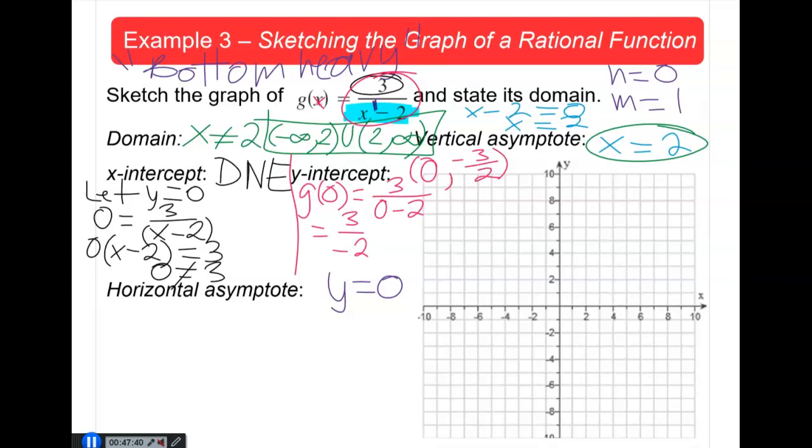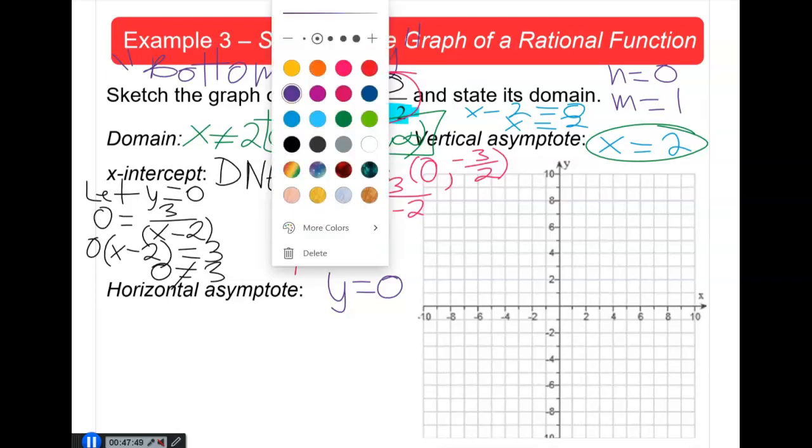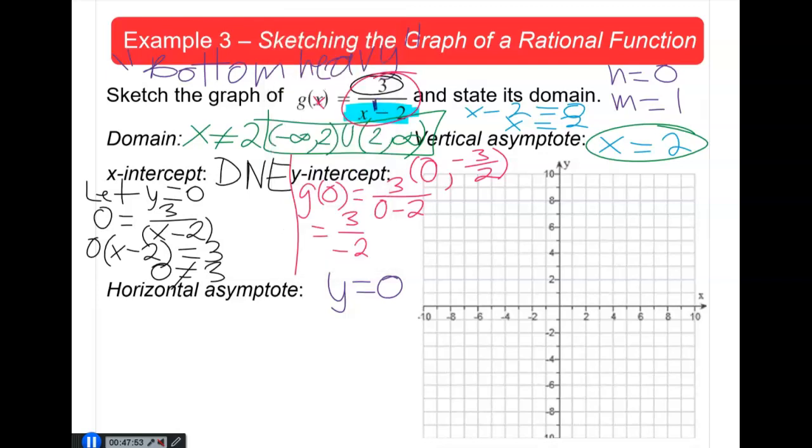So let's go ahead and plot the points that we have. So let's start with the horizontal asymptote. The horizontal asymptote will be y equals 0, this line. So it's going to look like that.